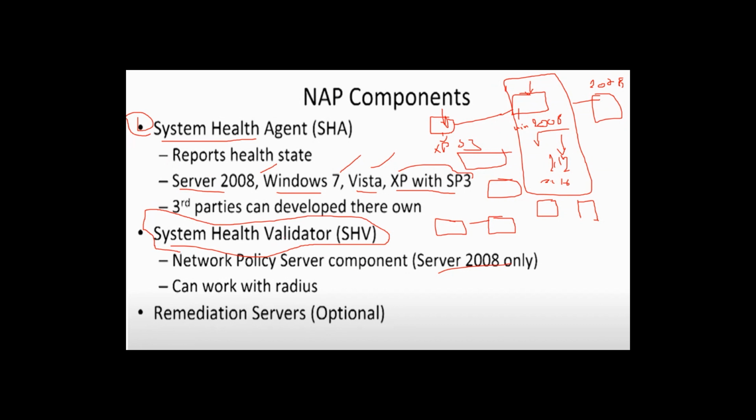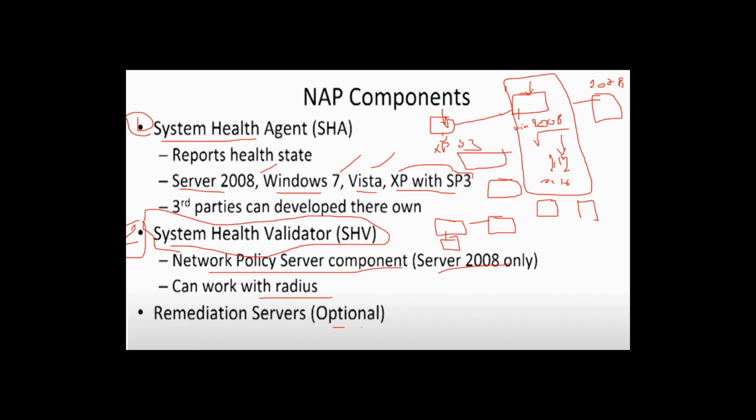So these system health validators are installed on the network policy server component, and it can also work with RADIUS, of course, as an enforcement point. So this is the second component of the NAP components.